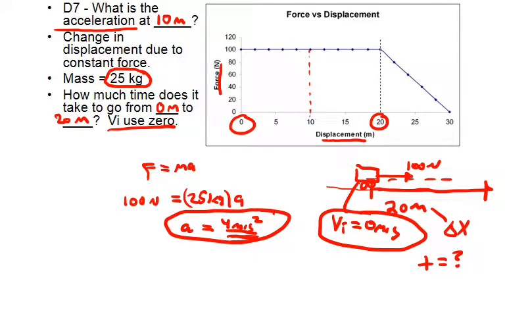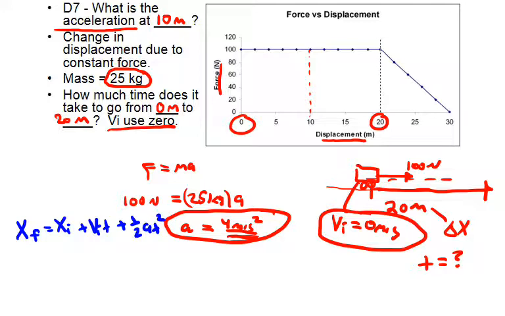So what you're going to want to do is go to your equation sheet and look under one-dimensional motion and pick out one of the 3 constant acceleration equations that will give you time. And in this case, we've got x final equals x initial plus v initial times time plus 1/2 a t squared.